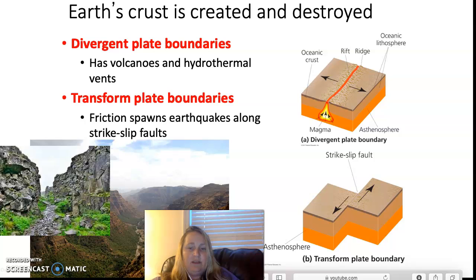They occur as that molten material is able to rise to the surface.